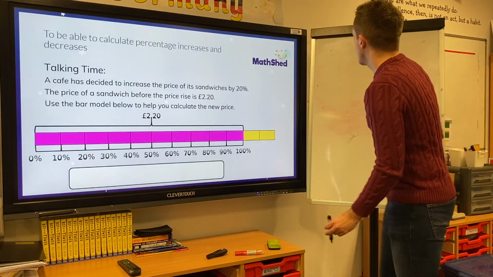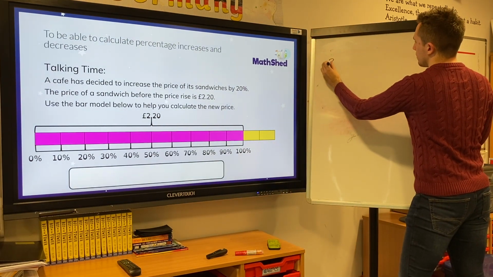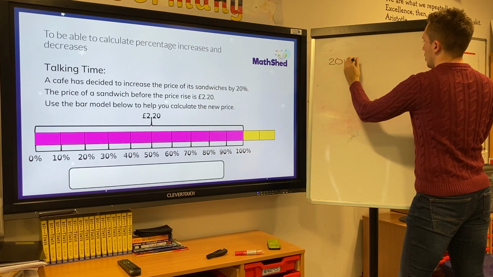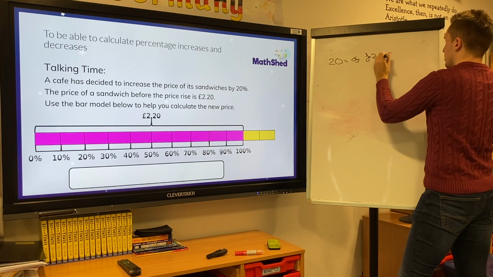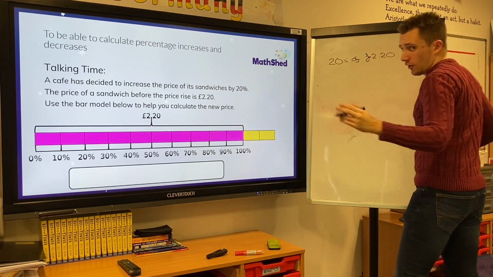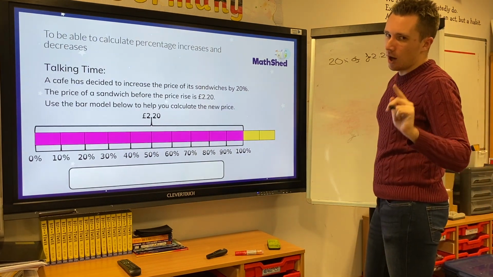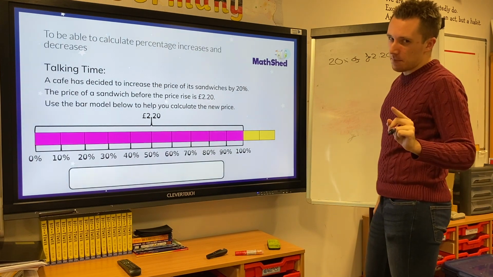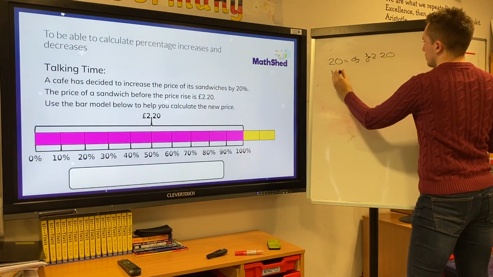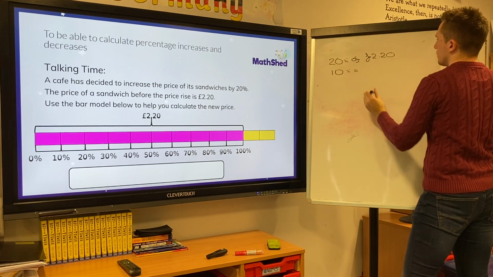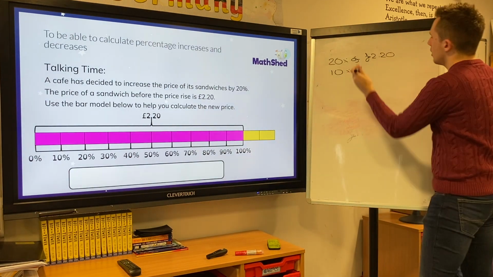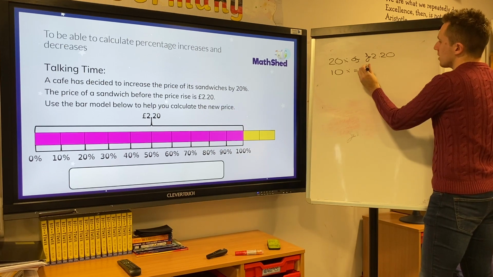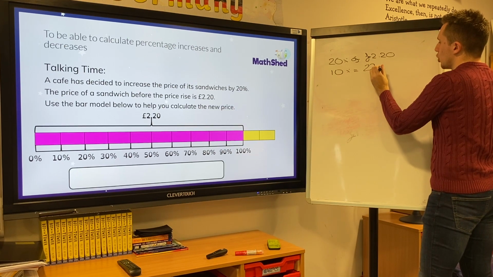Okay, so we want to find 20% of £2.20. We can't find, well, we could, but it's easier to find 10%. So 10%, how do we find 10%? We divide by 10. £2.20 divided by 10 would be 22 pence.